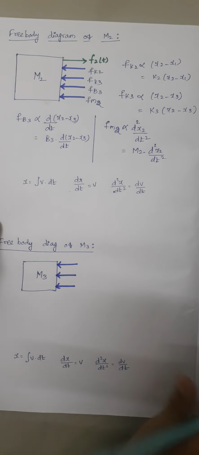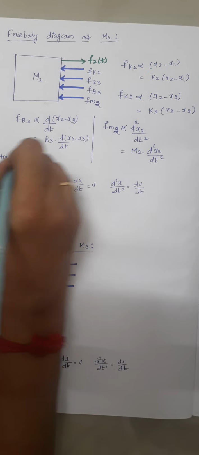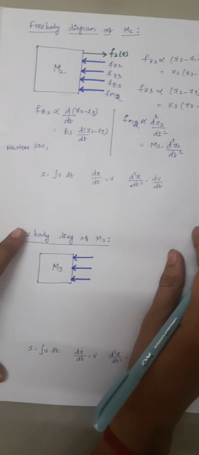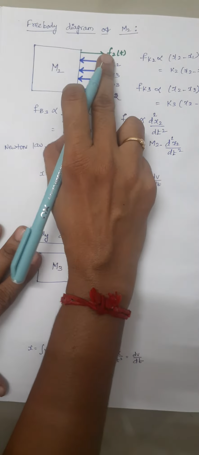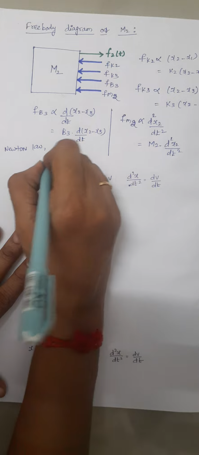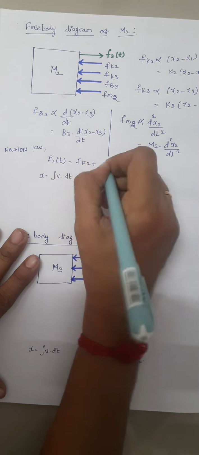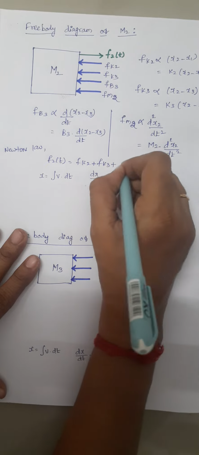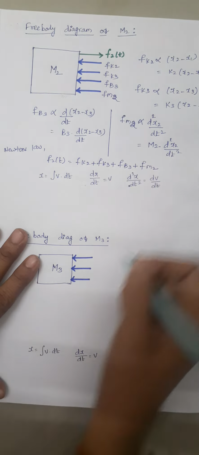So again by Newton's law, applied force will be equal to opposing force. So here we have an applied force F2 of T. F2 of T is equal to Fk2 plus Fk3 plus Fb3 plus Fm2.